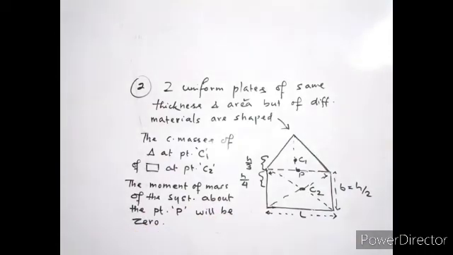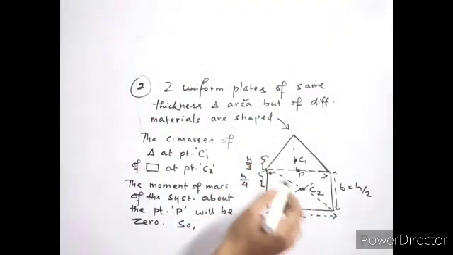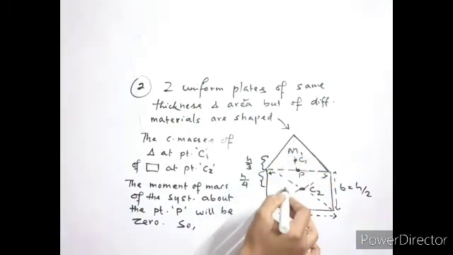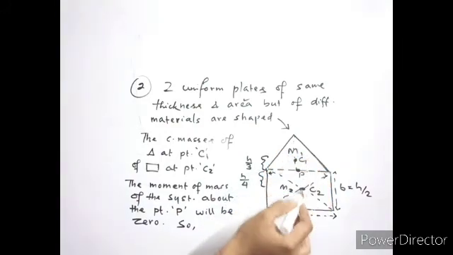The moment of mass has to be 0 about the center of mass for a given system. So what we have over here is the moment of mass is mass times the distance from the center of mass.